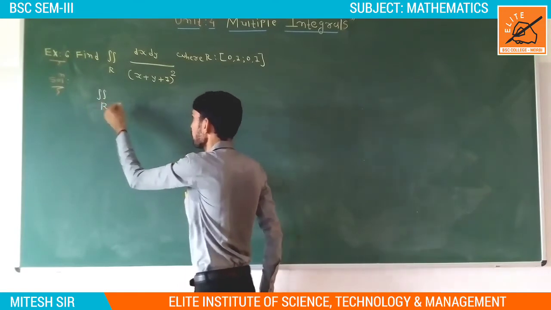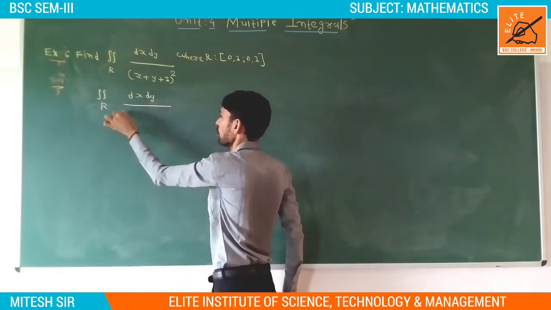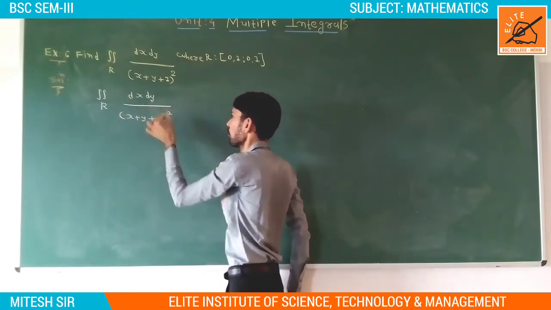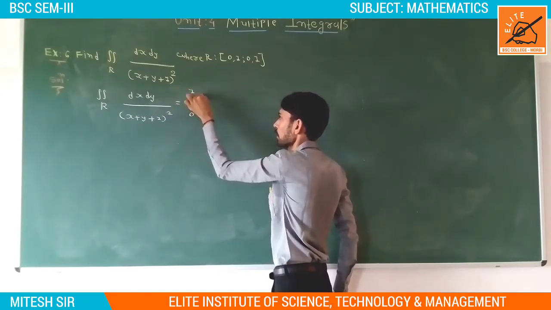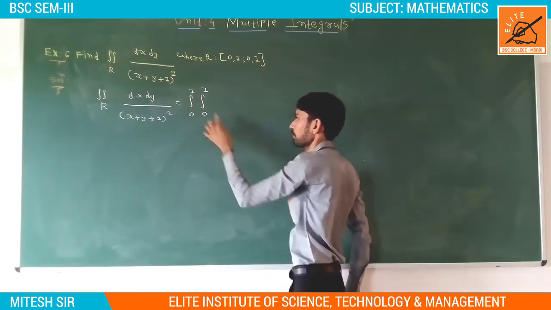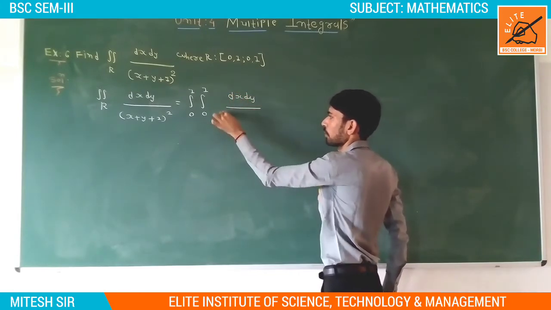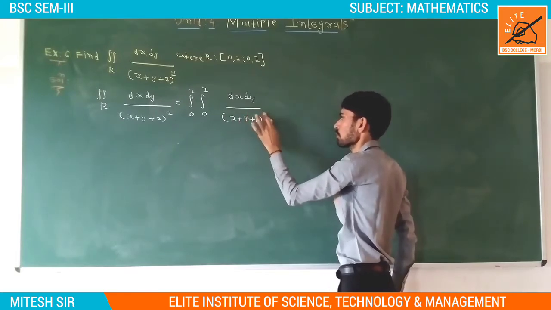Double integration over R of dx dy upon (x plus y plus 1) whole square can be written as the integration 0 to 1, integration 0 to 1, dx dy upon (x plus y plus 1) square.